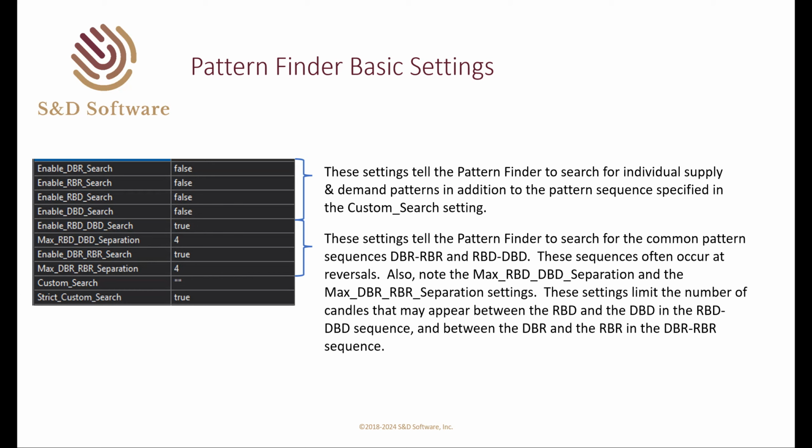You can have the tool search for multiple of these or all four of them at the same time if you wish. That's entirely up to you. But this is a quick and easy way to enable that. If you're using the actual custom search string to do this, you can only do one of them at a time. So that's why these are here.